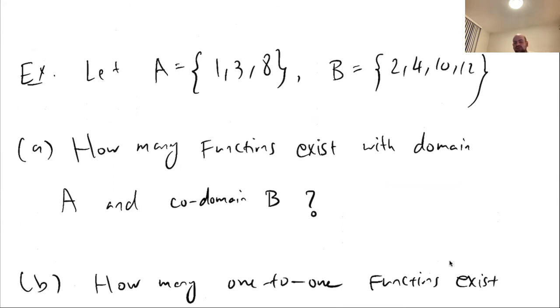So you will be left with 3 options. For the first input, we still have 4 options for a one-to-one function, but for the second input, we now have 3 options, because one number has been already chosen as an output of the first input.